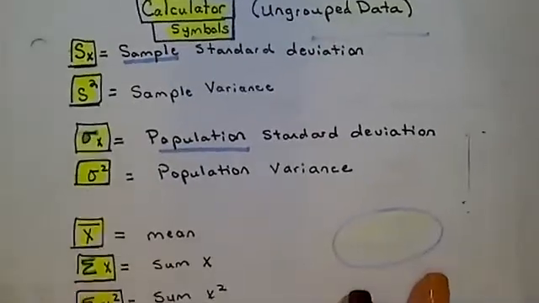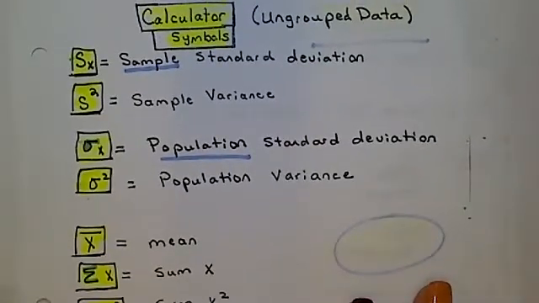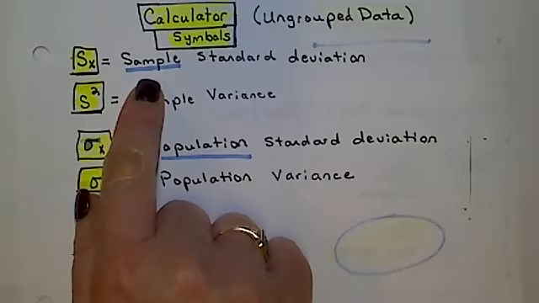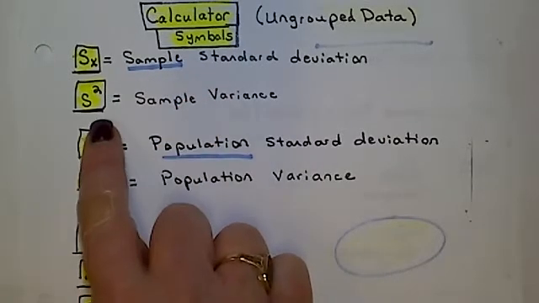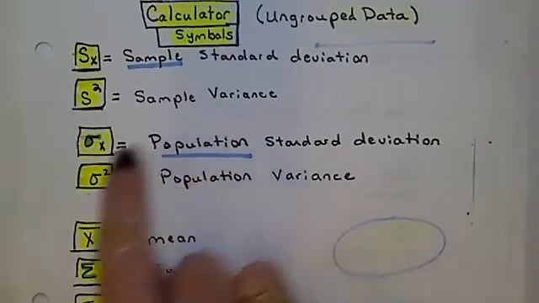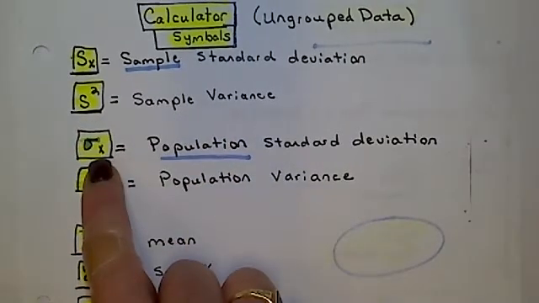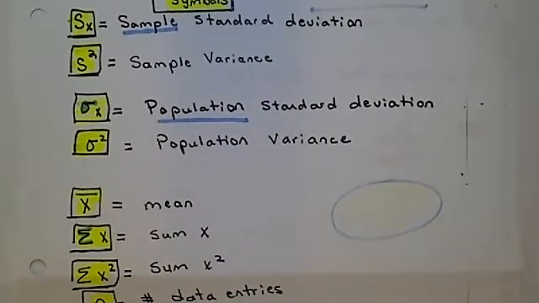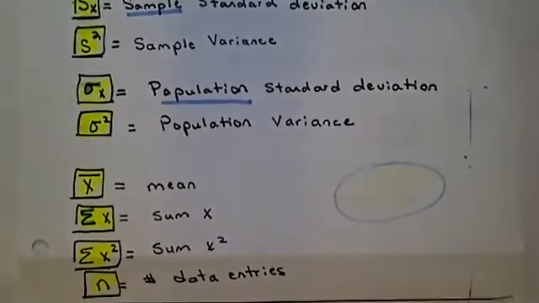The other thing that you might want to copy down, if you did not write this down before, is that stands for sample standard deviation. Remember, you have to square it to get your variance. That stands for population standard deviation, you have to square it to get your variance.